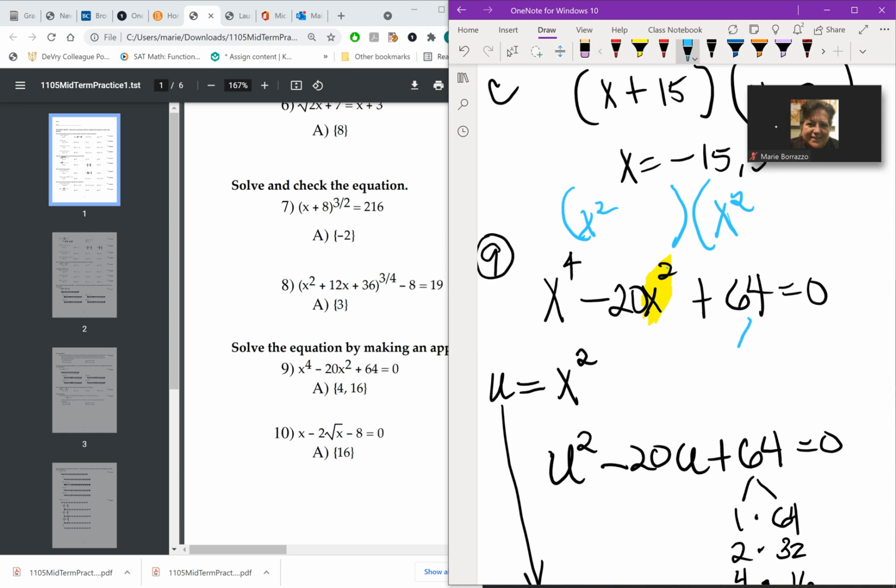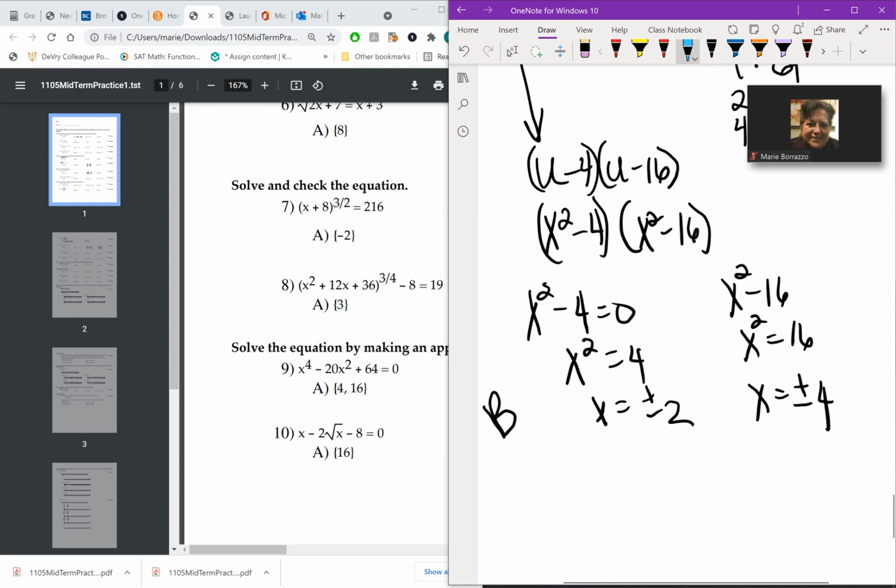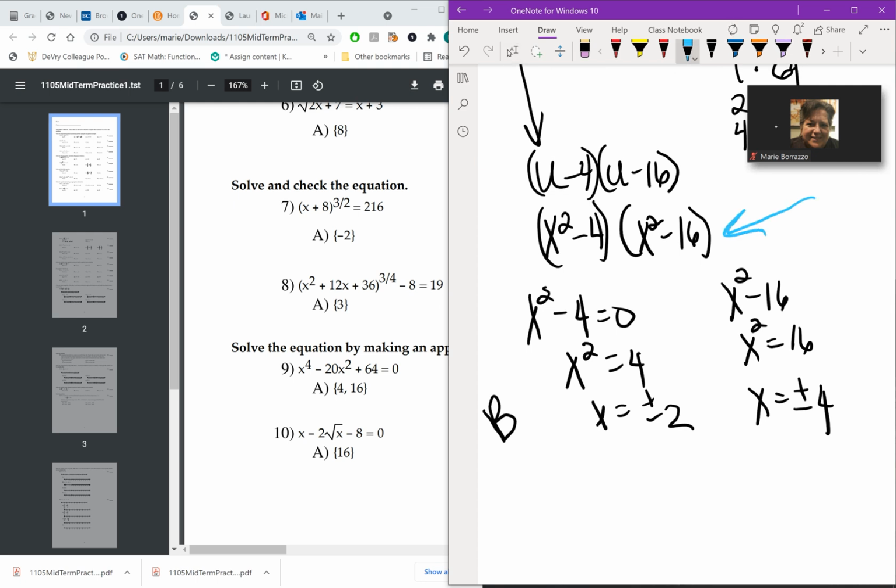And then once again, I'm looking for a number that will add up to 20 but give me a product of 64. So obviously double negatives, and so this will be a minus 4, minus 16, and then solve just like we just did. So that takes you all the way quickly into this stage, and now you just solve.